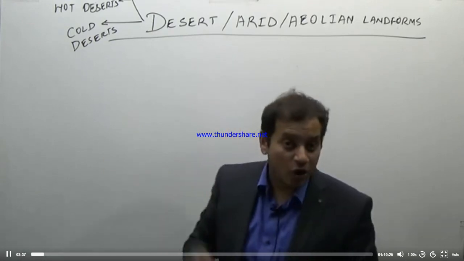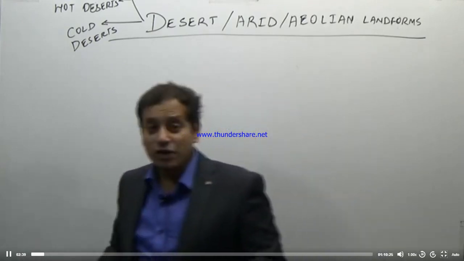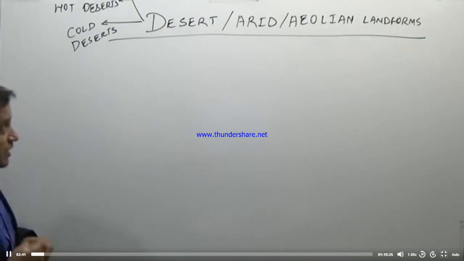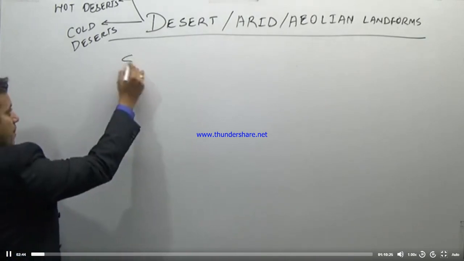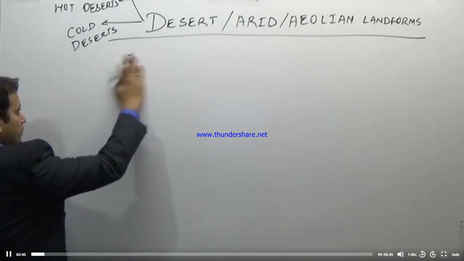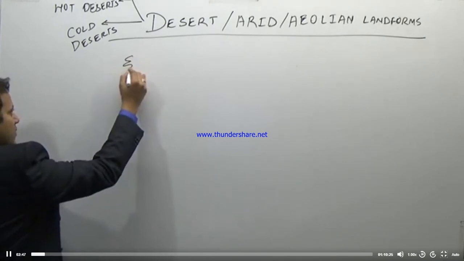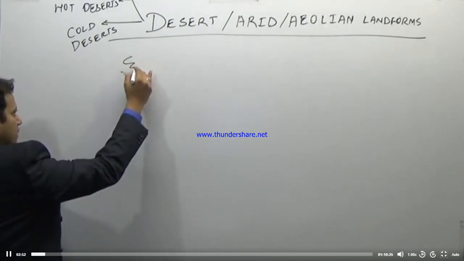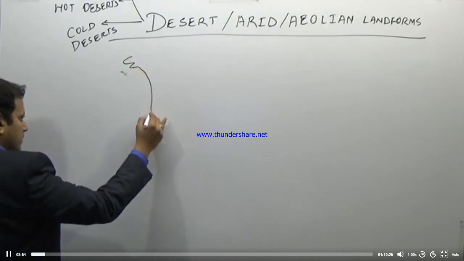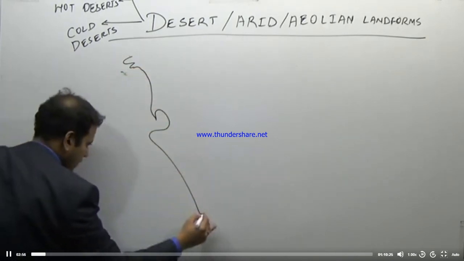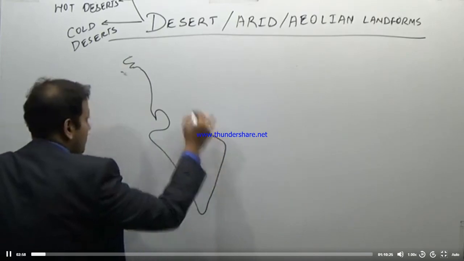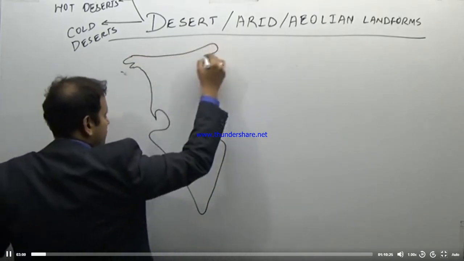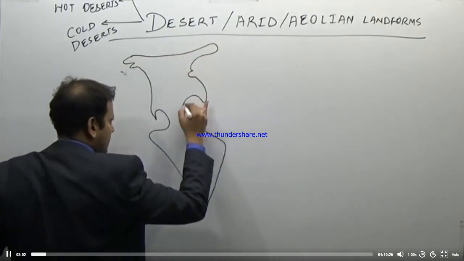So coming to the hot deserts of the world, if you look at the distribution of deserts on the world map, we'll see the deserts are located between some specific latitudes. What are the specific latitudes of the location of a desert?